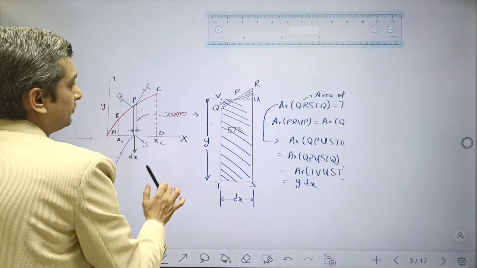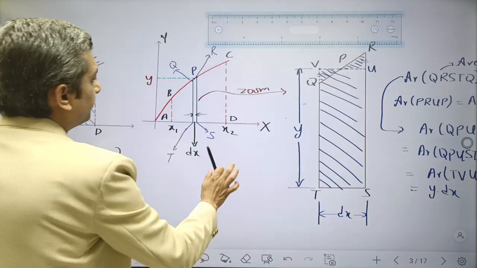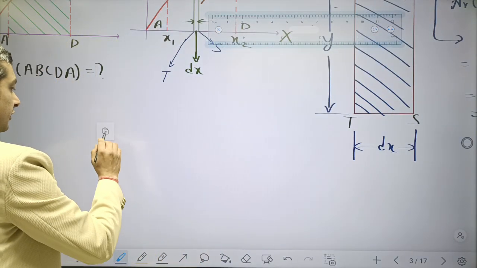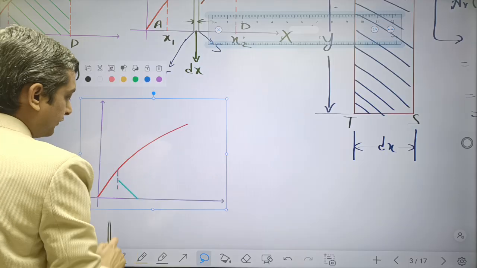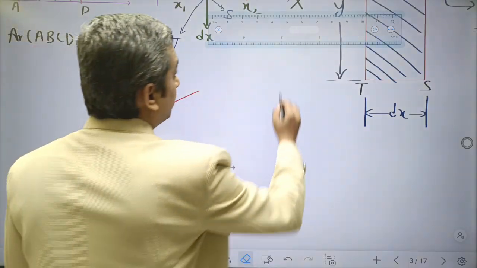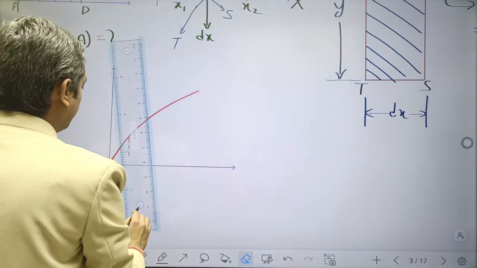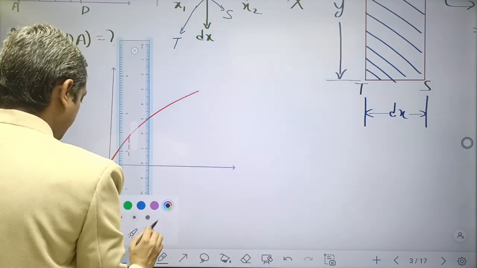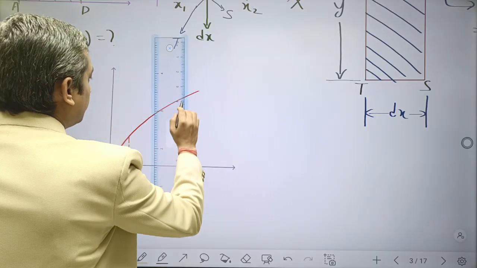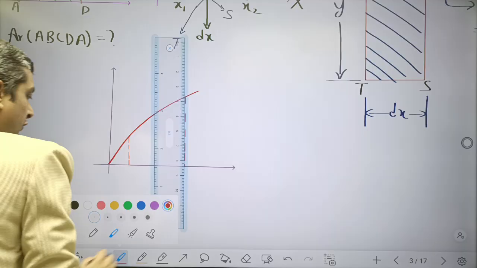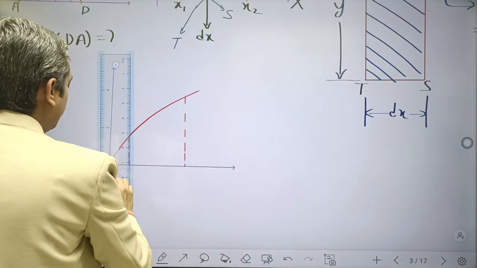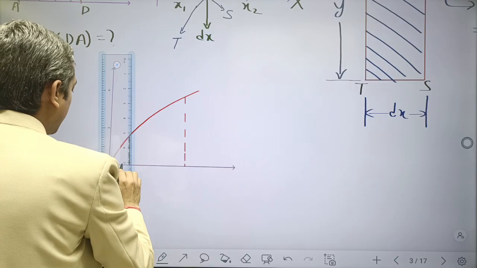Now the third step is very important. So what is the third step? I'm drawing the same curve again. In the third step, we start taking elementary strips from x equal to x1.